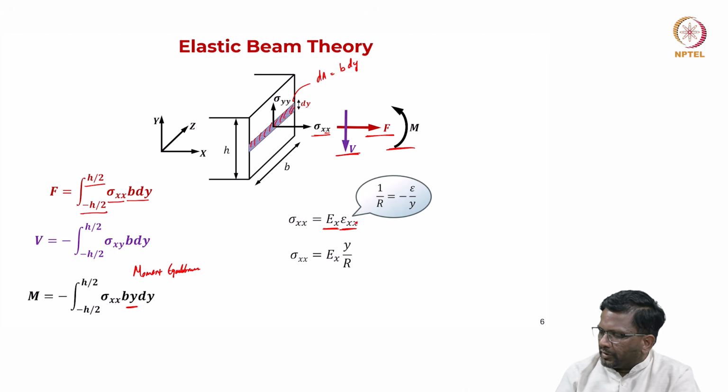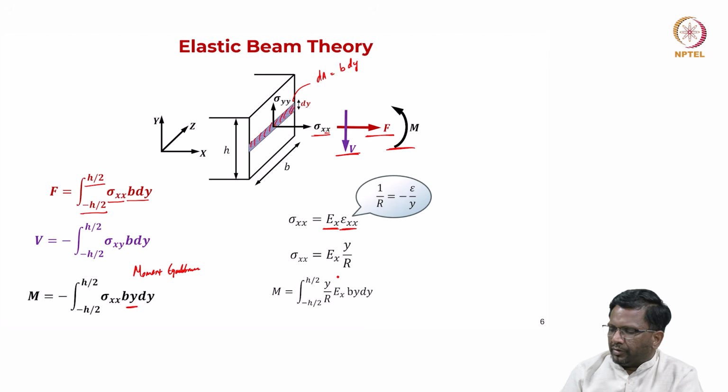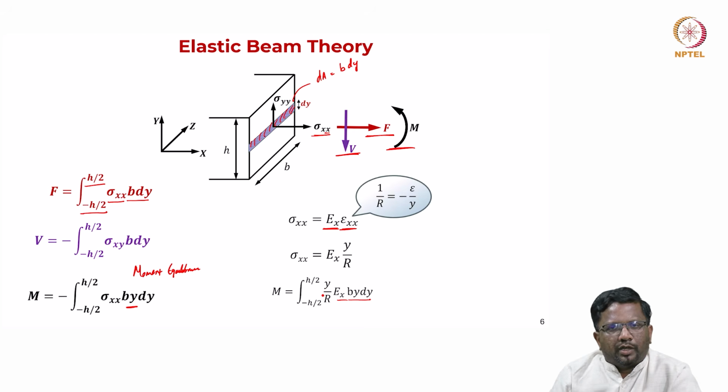Now, we can replace epsilon xx as y by r. So, sigma xx becomes E into y by r, and if you substitute in this equation, it becomes y by r into E into b dy. I have replaced stress in terms of strain, and the strain in terms of curvature.